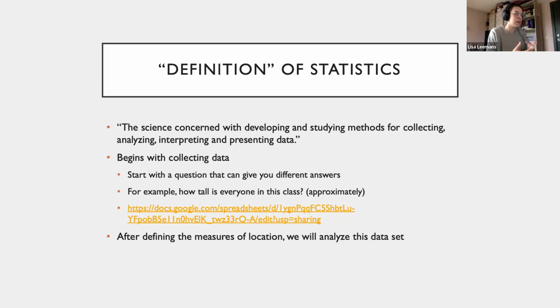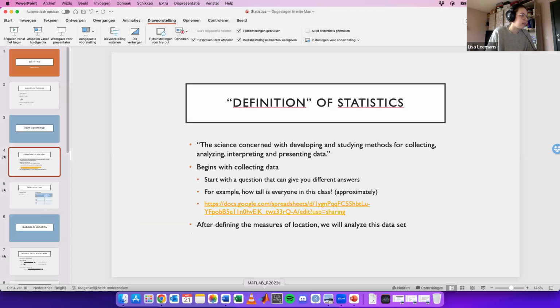And afterwards, after defining all the measures of location, we will analyze this data set and try to form a conclusion or calculate the different measures of location, I'm sorry. If the clicking on the link is not possible, I will also send the link in the chat as well, if that is easier to connect to.